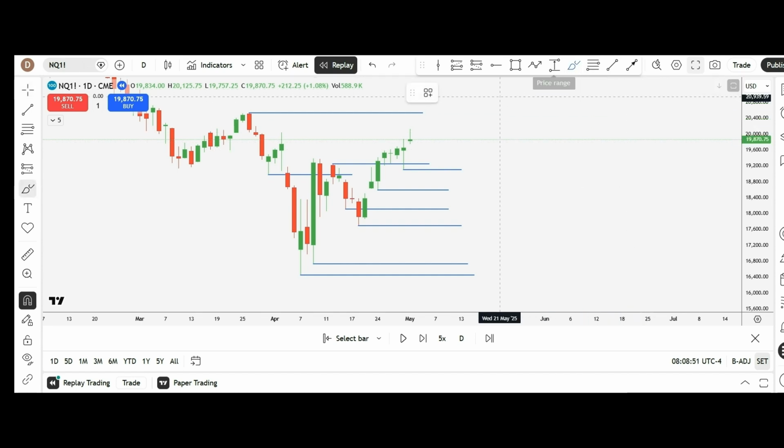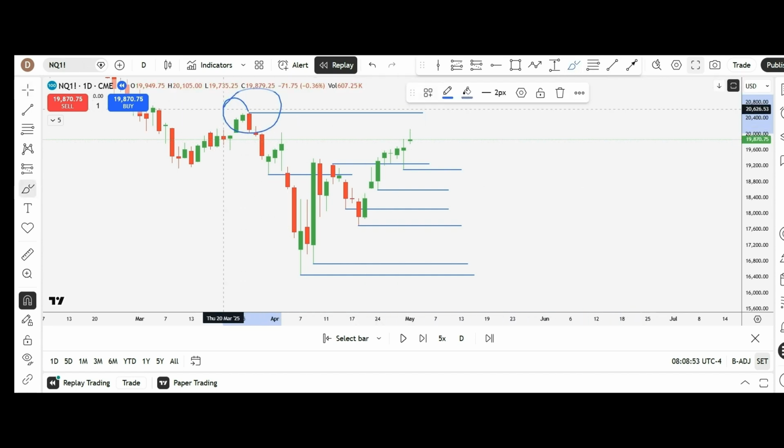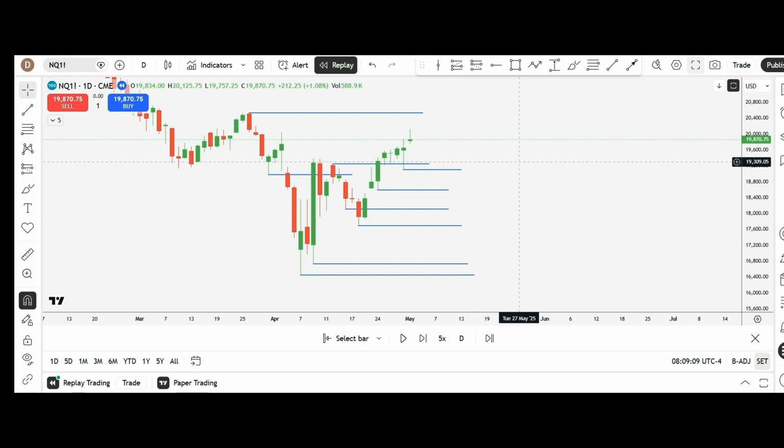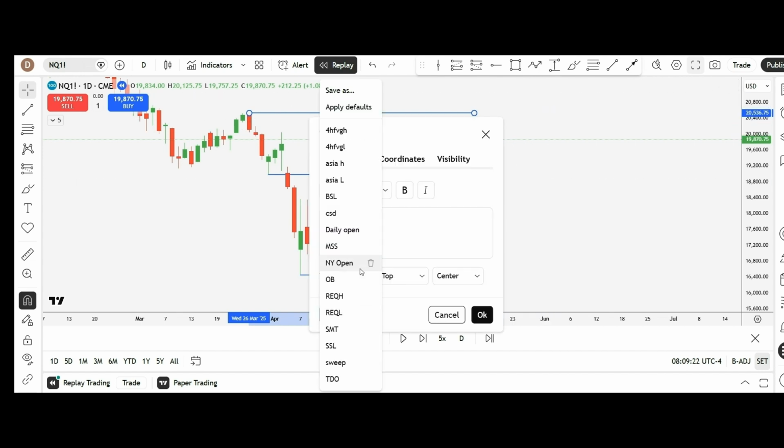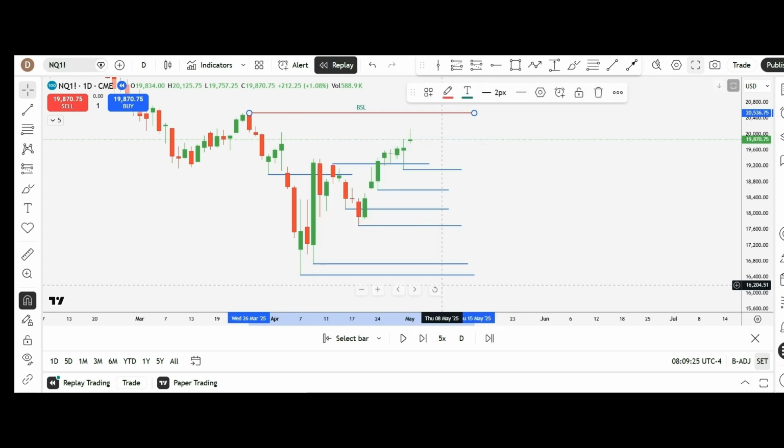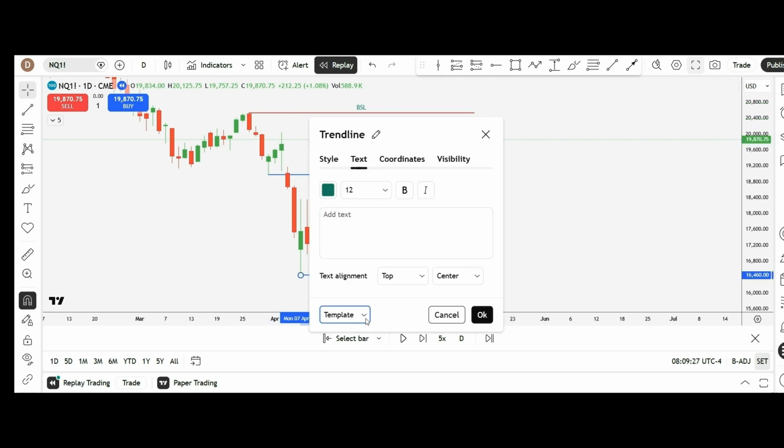If we take this example over here, I would consider this swing high and this swing low as being the beginning and the end of a short down leg. So I will wait and be very curious to see how the price will react when it gets to these points, and I would point them out as buy-side liquidity and sell-side liquidity.